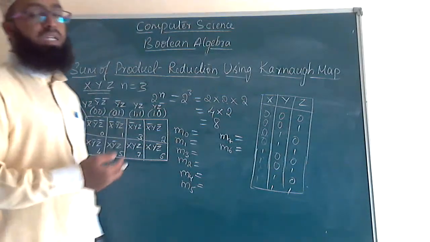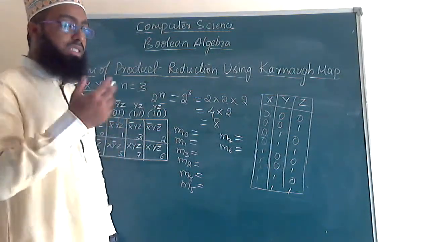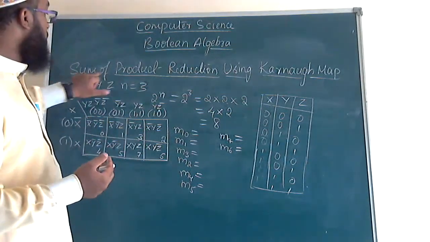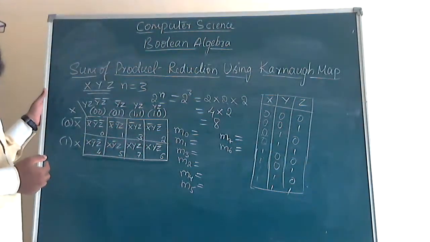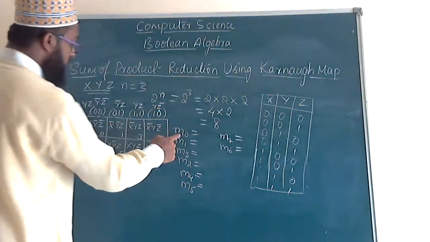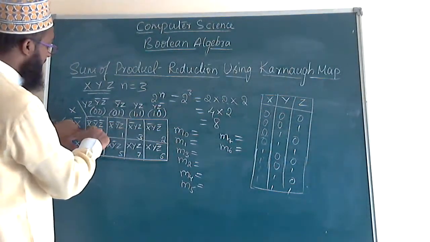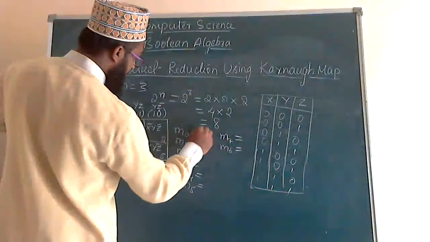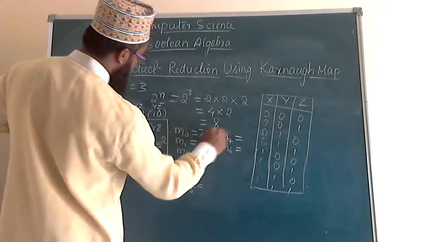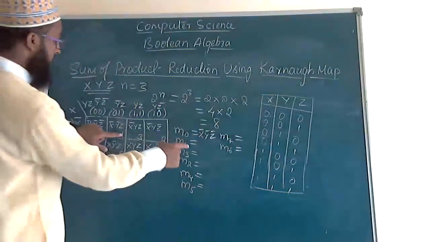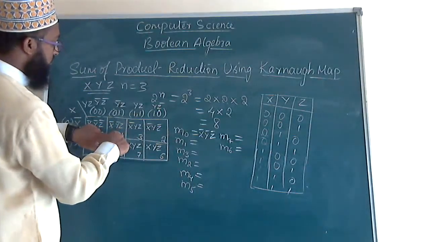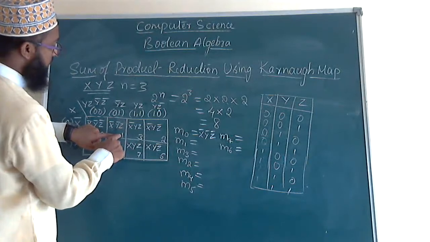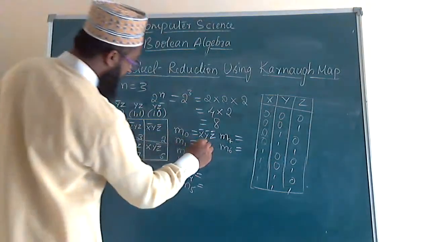As the Karnaugh map states, every square represents a min term or a max term. So we are doing sum of product. Sum of product means here each square contains one min term. So the value of m0 means 0 here. It is x bar, y bar, z bar. And for m1 we have to take the value from square number 1: x bar, y bar, z.